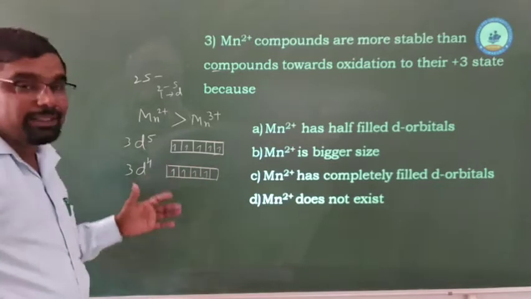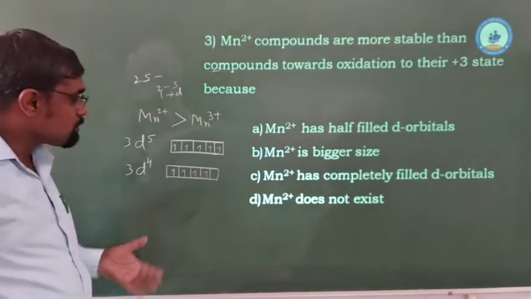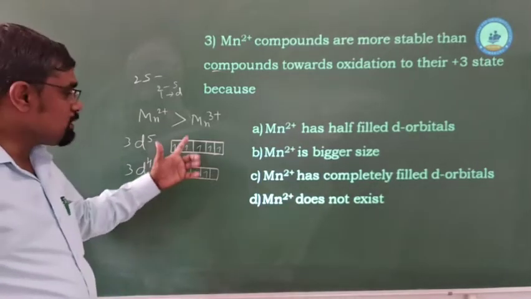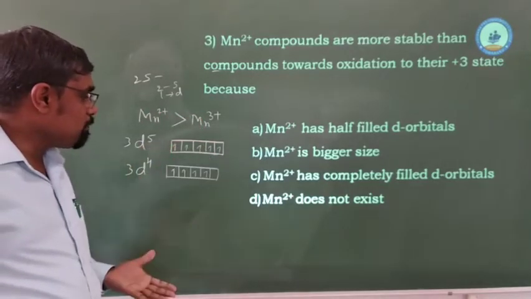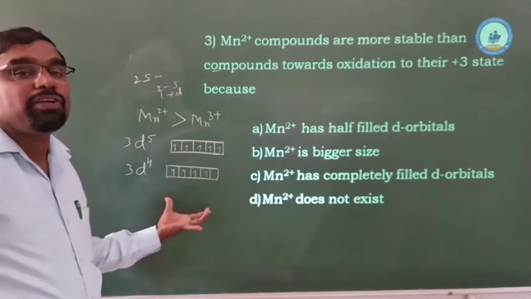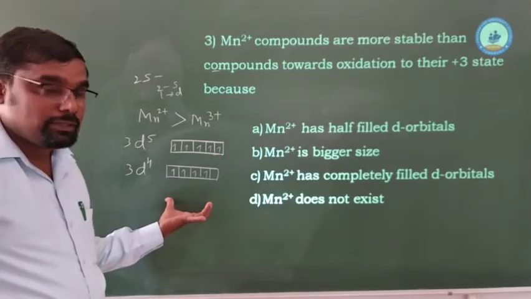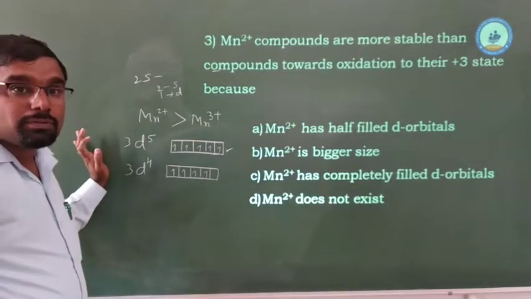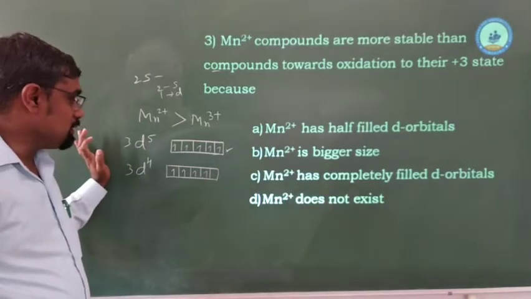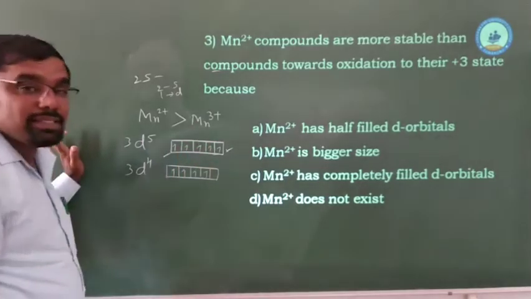See that stability; we already studied it in the first year. Elements whose electronic configuration is half-filled or fully filled are completely stable. So here this is half-filled, and the half-filled orbitals are completely stable.